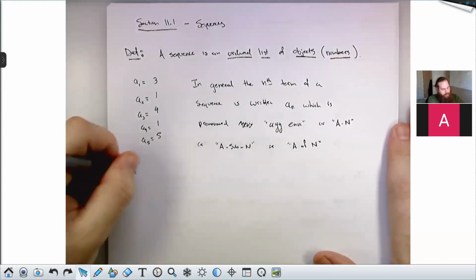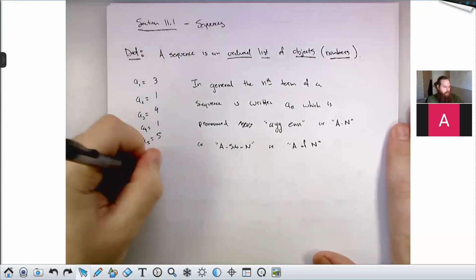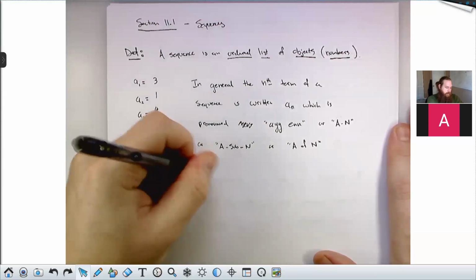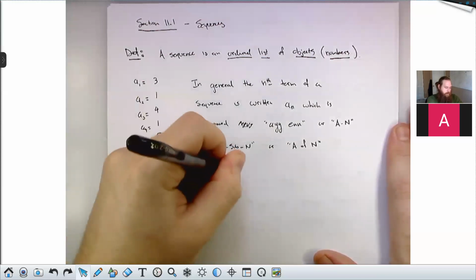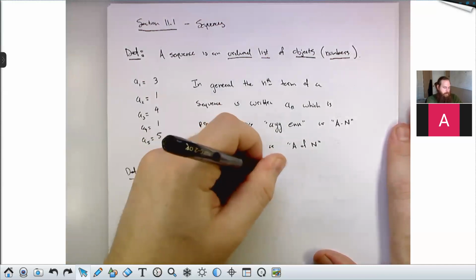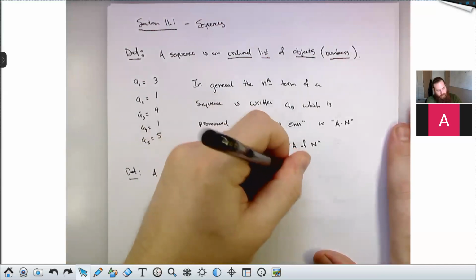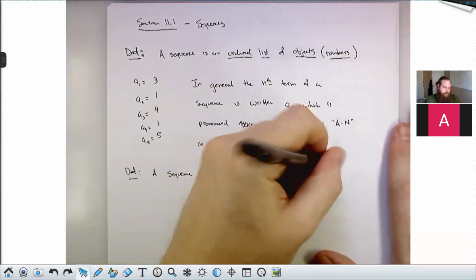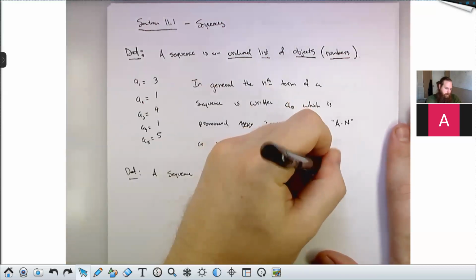So another definition is a sequence is a function whose domain is the natural numbers.